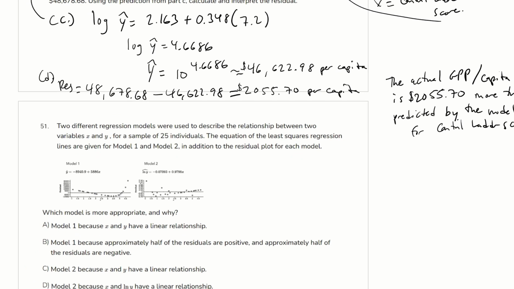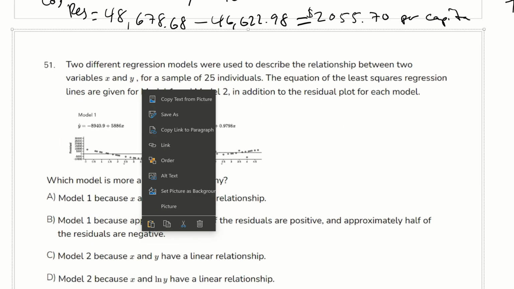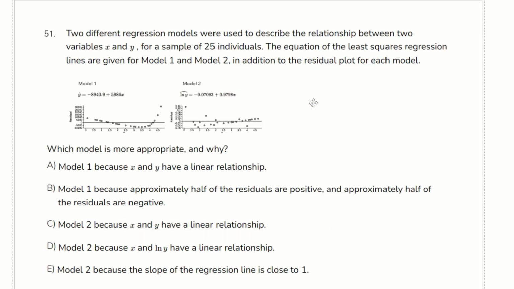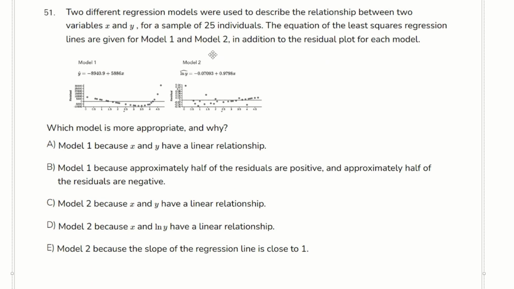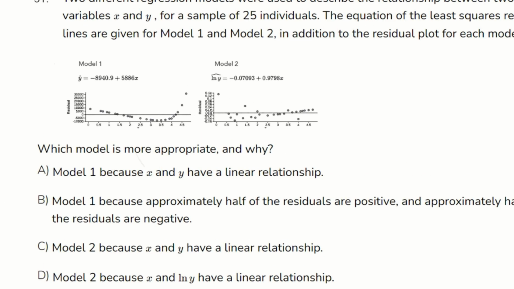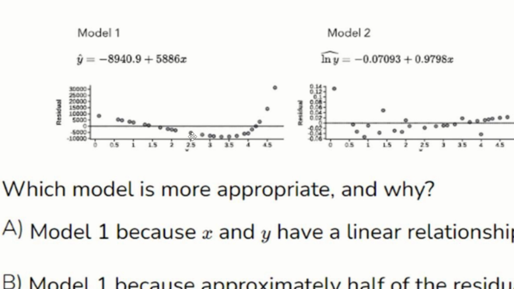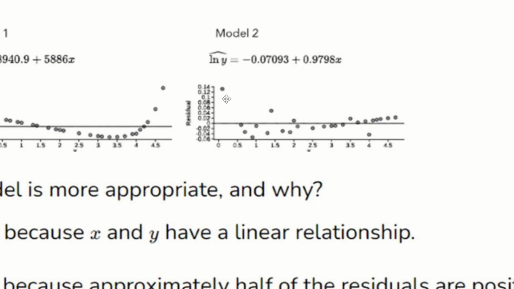All right, and we finish off the last question. So 2 different regression models were used to describe the relationship between 2 variables x and y for a sample of 25 individuals. The equations of the least squares regression lines are given for models 1 and 2 in addition to the residual plot. Which model is more appropriate? Okay, so let's take a look at it. We got the equation and we got the residual plot. There's a pattern here. That's not a good thing. There's less of a pattern here.